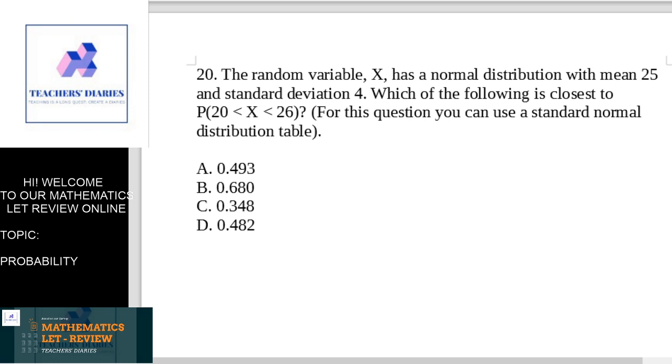For this question, you can use a standard normal distribution table or you may use your calculator. Okay, so these are the choices. A is 0.493, letter B 0.680, letter C 0.348, and letter D is 0.482.